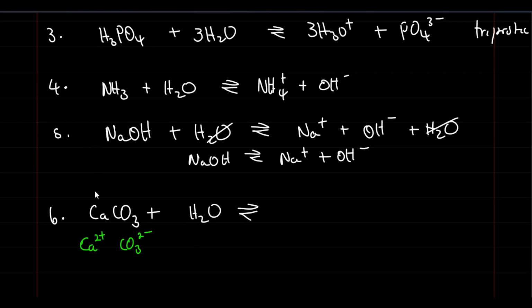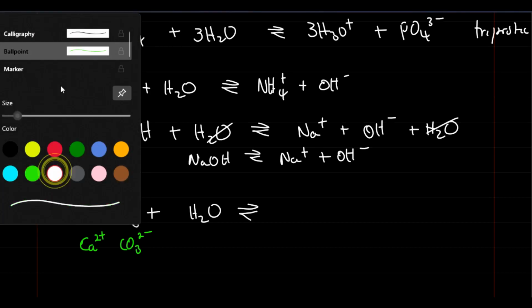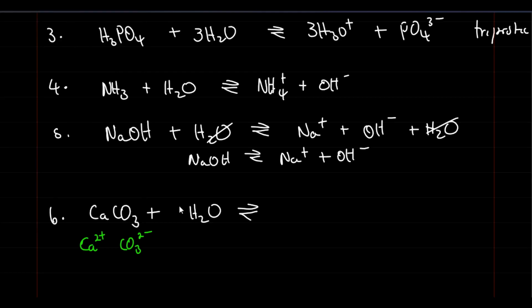So this will require 2 protons. Because it requires 2 protons, what can give protons is water. So it means we're going to need 2 molecules of water, isn't it? After getting 2 molecules of water, nothing will happen to this calcium ion because it's just used to hold the carbonate ion.